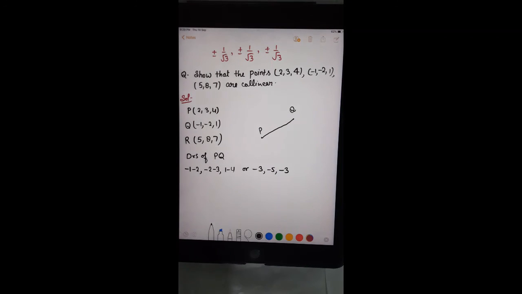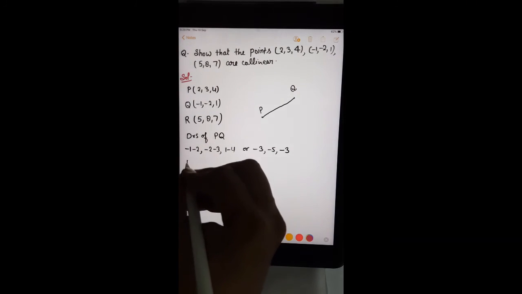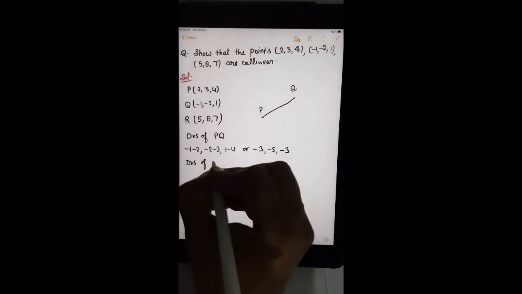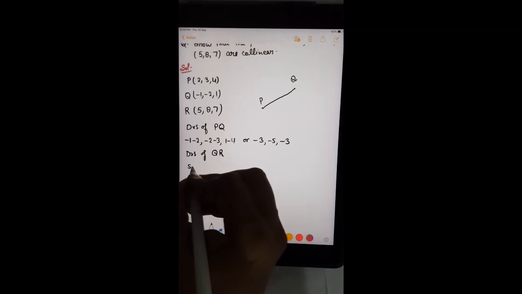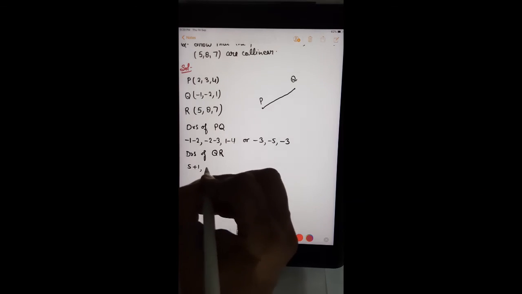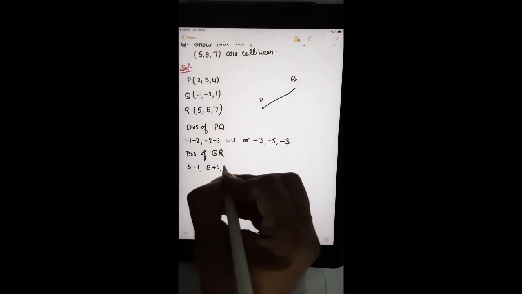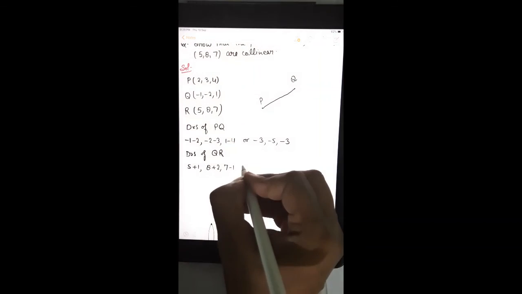Now find the direction ratio of line QR. It will be 5 plus 1, 8 plus 2, 7 minus 1.